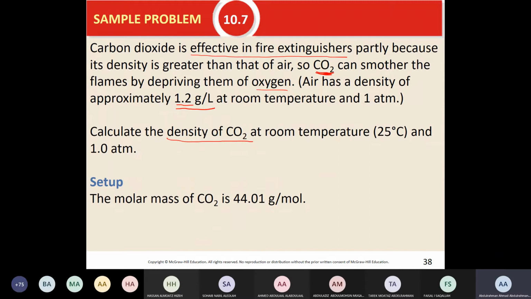Is it going to be greater than 1.2 or less than 1.2? Greater than. Okay, how? Again, as I said, PV equals nRT, which is mass over molar mass times RT. Then what's density?